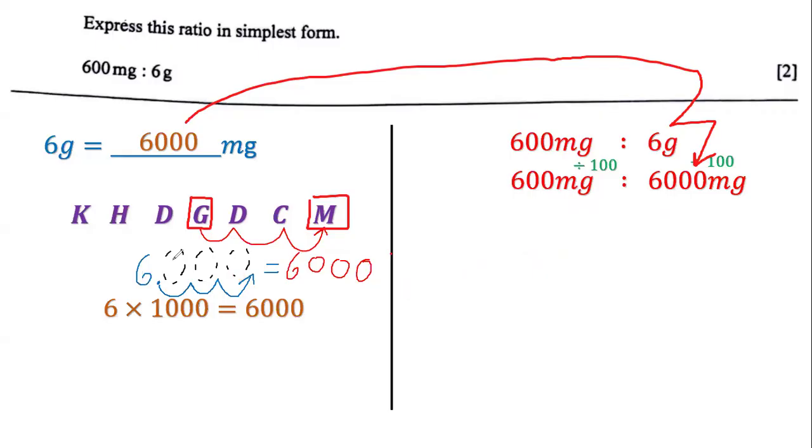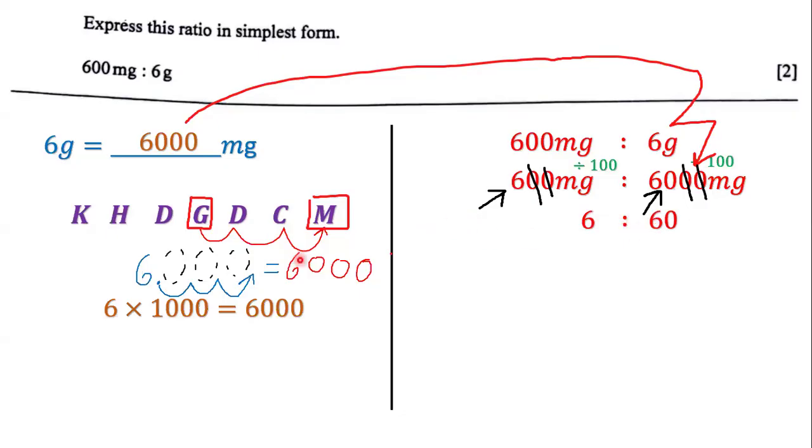You cancel these two zeros and these two zeros. So we're left with 6 on this side, and 60 on the other side. So we have 6 to 60.